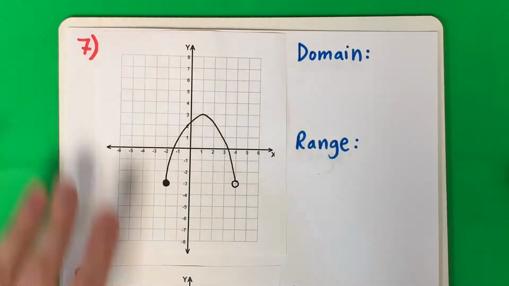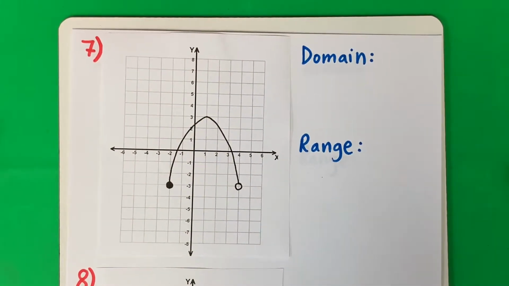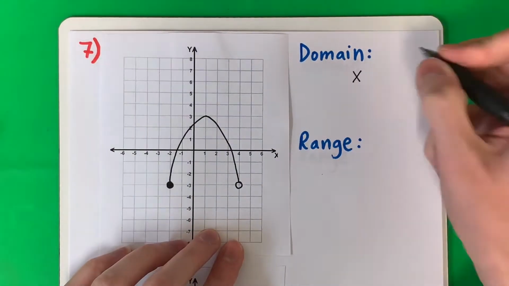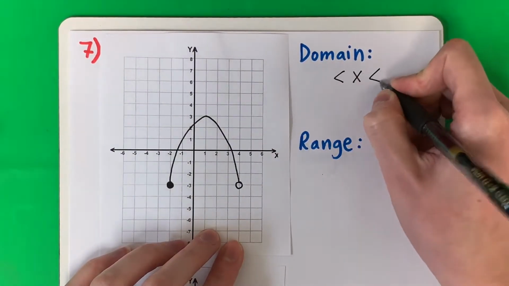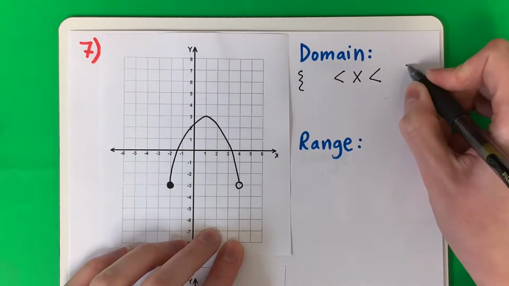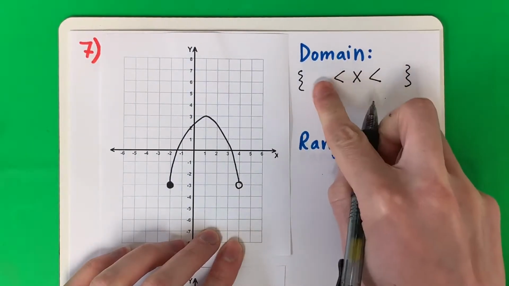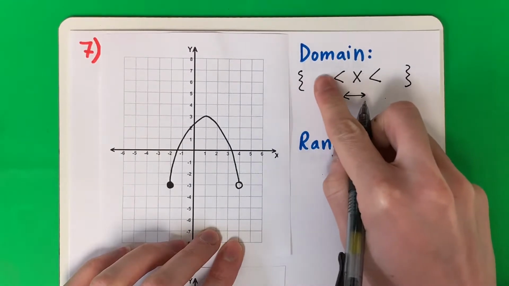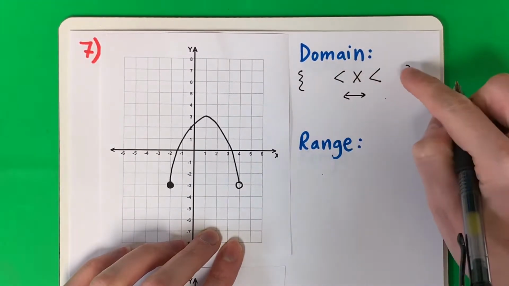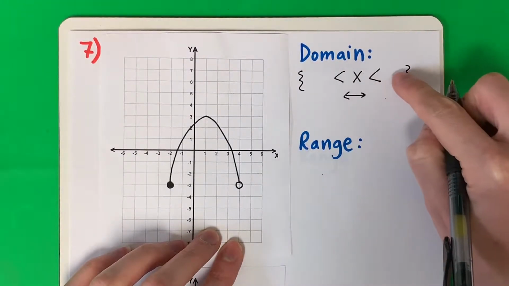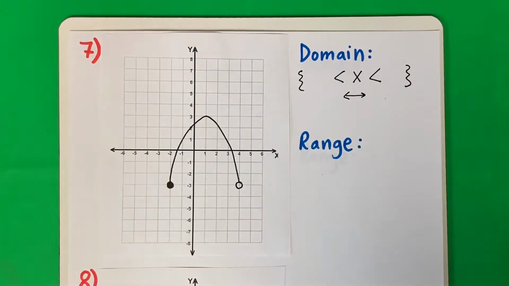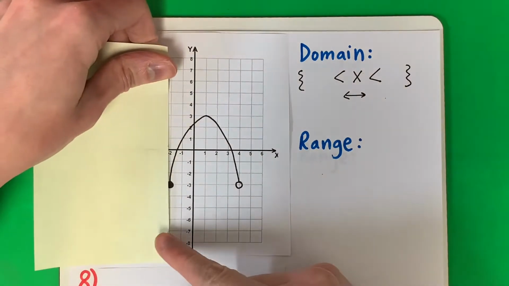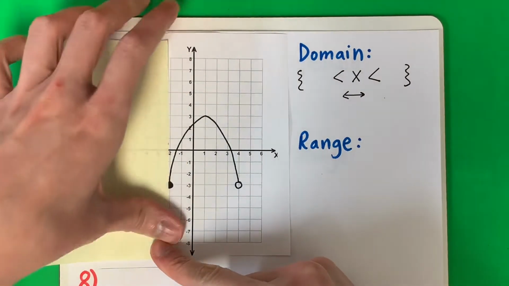Example 7. Okay, so again, domain and range. So domain is X. Put your less than on both sides and your braces. Remember, X is left and right. Left is small, and right is big. So let's put our stickies on the left and the right. 1 on the left at -2.